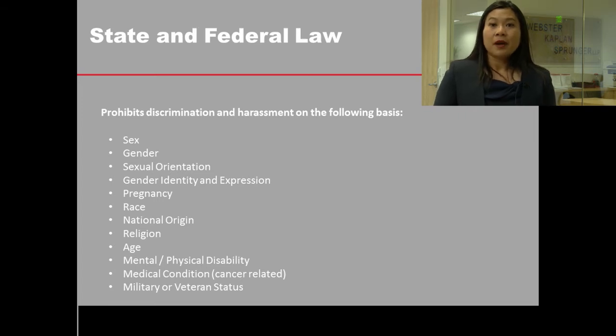So when I'm talking about abusive conduct, let's for example say there is a supervisor who yells and screams and belittles a group or an individual based on one of these specific categories. So let's say the supervisor is yelling at an individual or individuals because that person is, for example, a part of a particular race or part of a particular religion, then that abusive conduct would then be deemed unlawful.